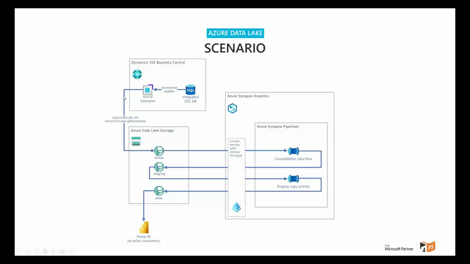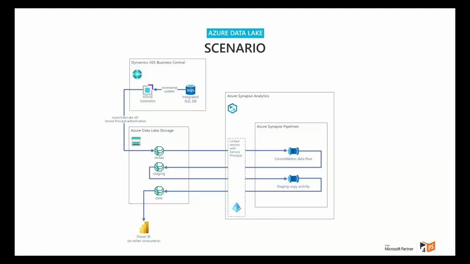Well, in this case, the extension will export your data to your Azure Data Lake storage in delta mode, and if it's stored there, then your Azure Synapse pipeline will run. I will show that later in detail.